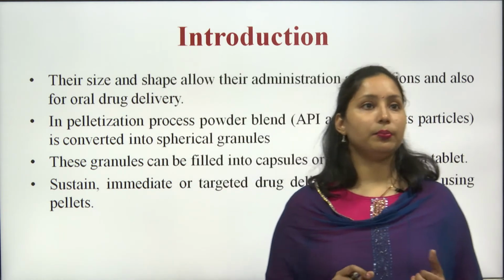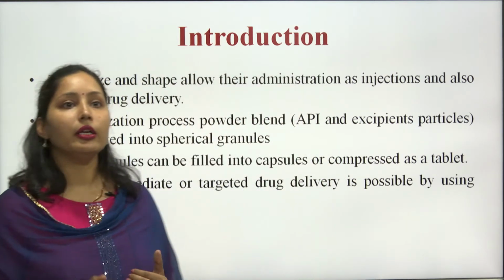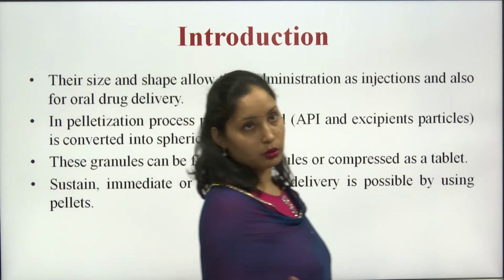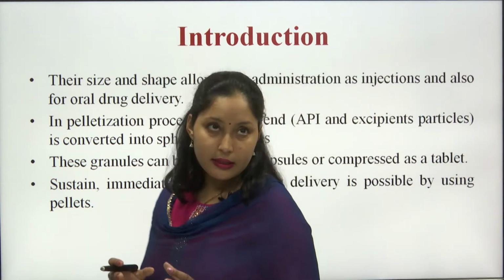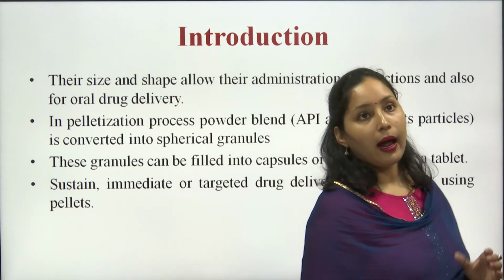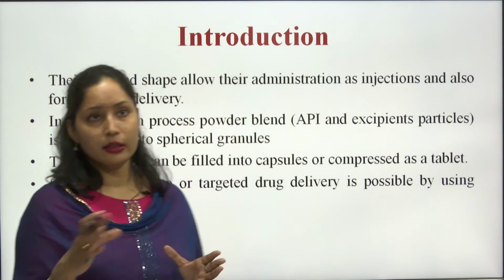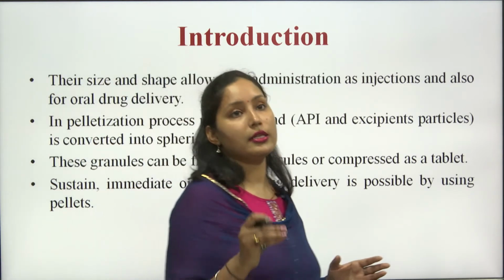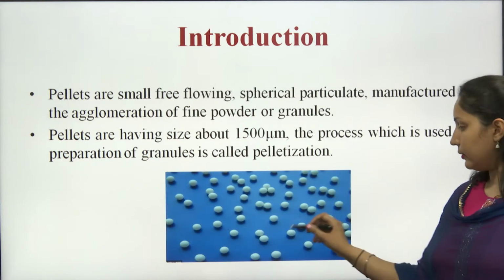In the pelletization process, the powder blend of API and excipient particles is converted into spherical granules. So, in the process of making pellets, we generally mix the API, that is the active pharmaceutical ingredient, and the excipients together, and we convert them into small spherical granules, a sphere just like this.